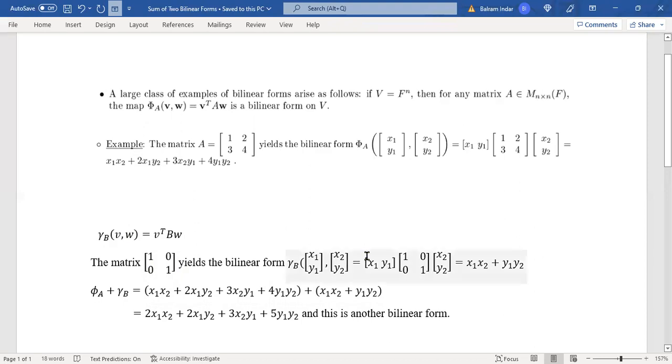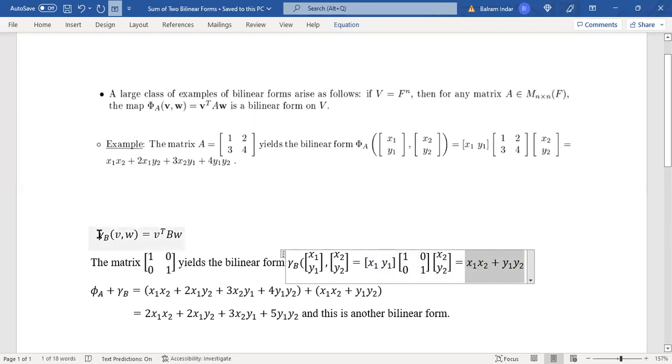V transpose, since V is a vector x1, y1, you transpose that, you have the 1 by 2 matrix x1, y1. The next item to place is the matrix, which I stated as B, 1, 0, 0, 1. And then next is the vector W, x2, y2. And working all of that out gives the result here, x1, x2 plus y1, y2.